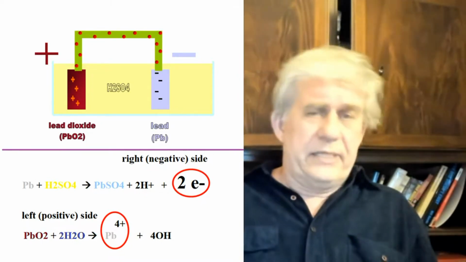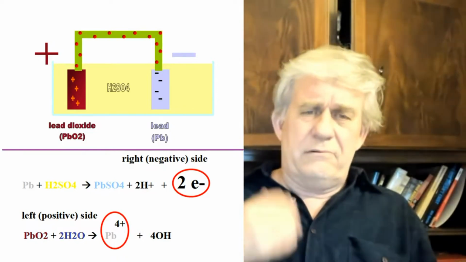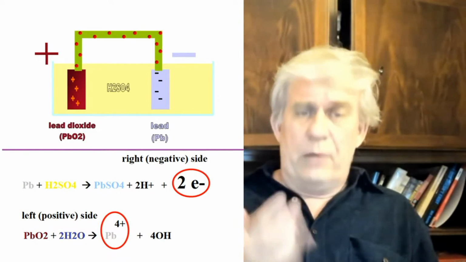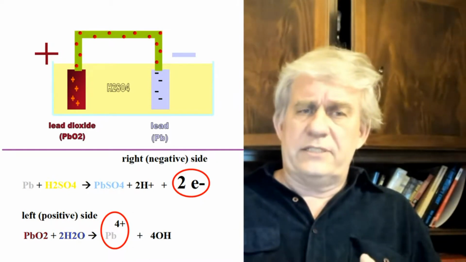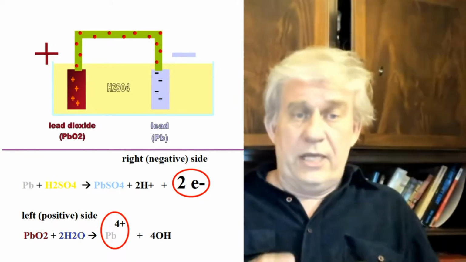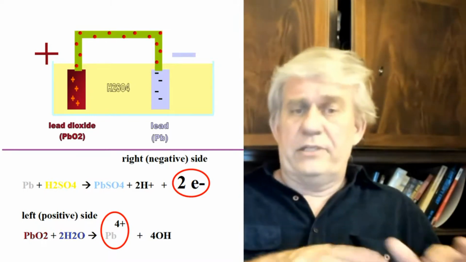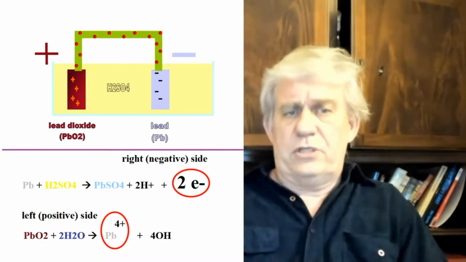You may not be chemically inclined. I think you're interested in finding out, well, what's going on in that secret world that we can't see? Well, what reactions are going on? And the important thing is, how does the plate on the right and on the left get their charges? Yeah. This is it. There are other reactions, but you don't need them to understand what you just heard here.